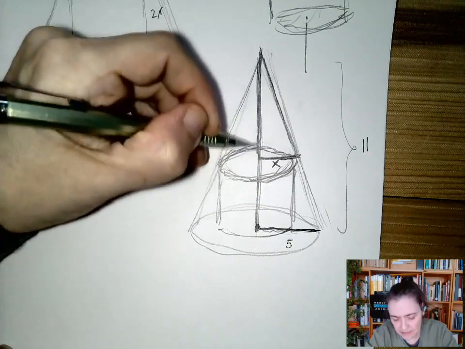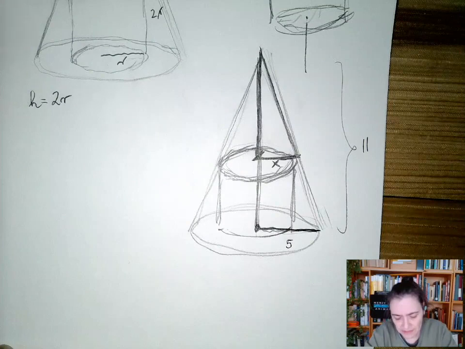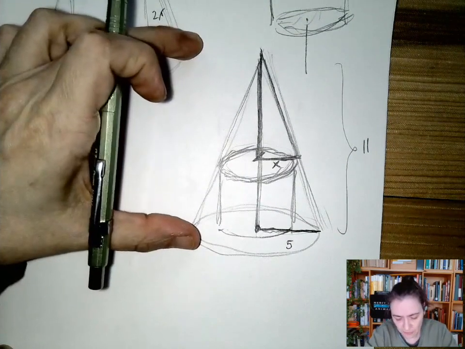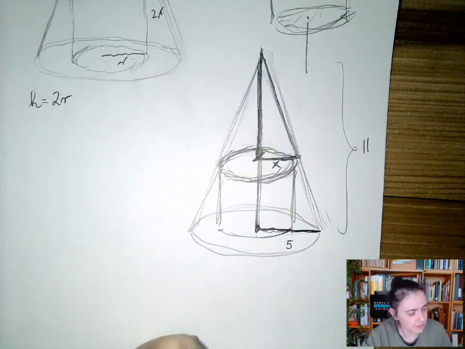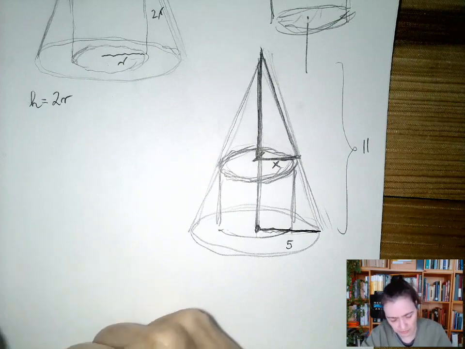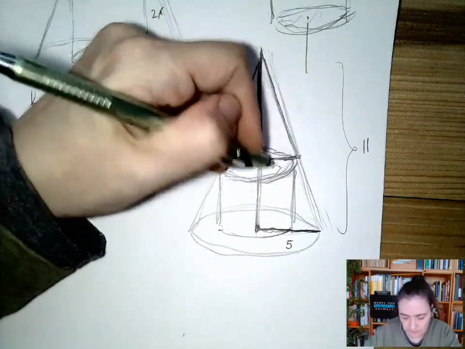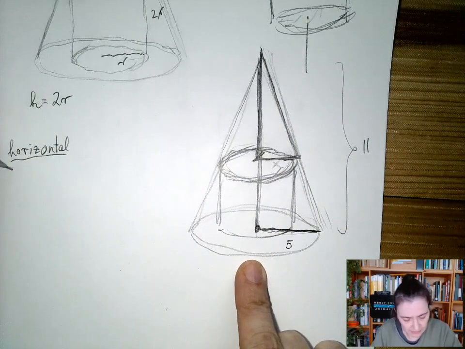But this here, what is this? Take the big height, the height of the cone, and from it subtract the height of the cylinder, which I'm going to change from x back to r. I think we're better off with r.